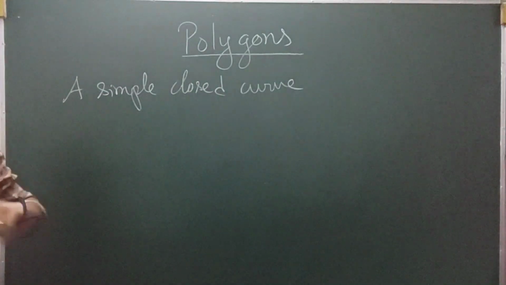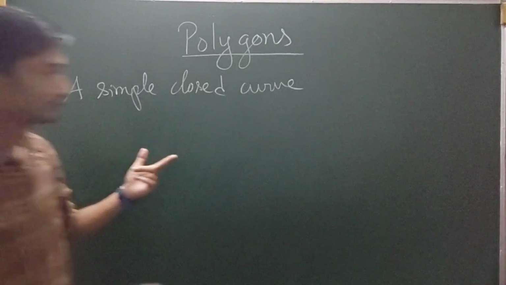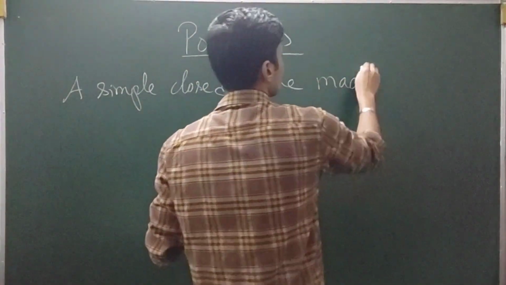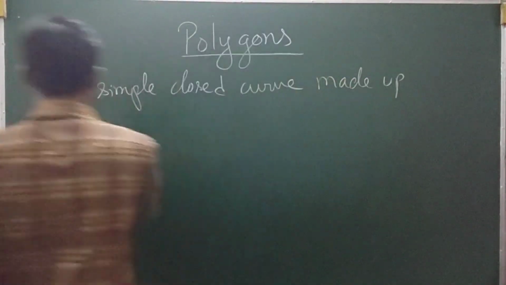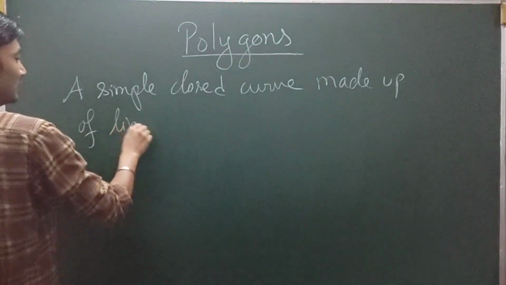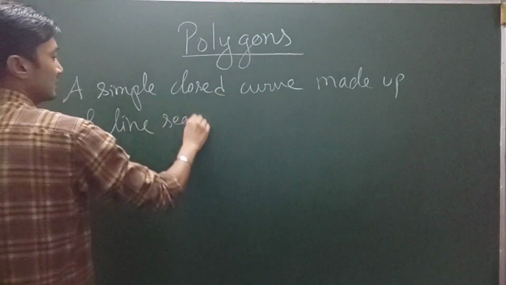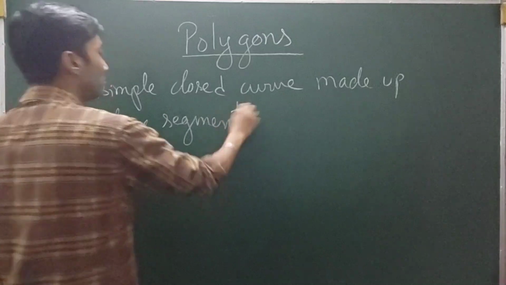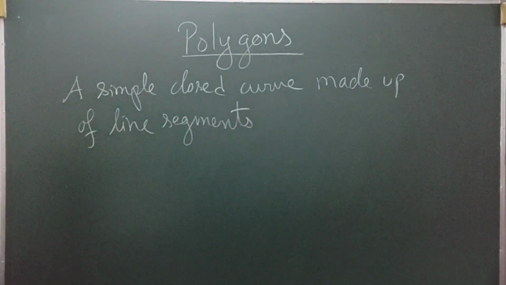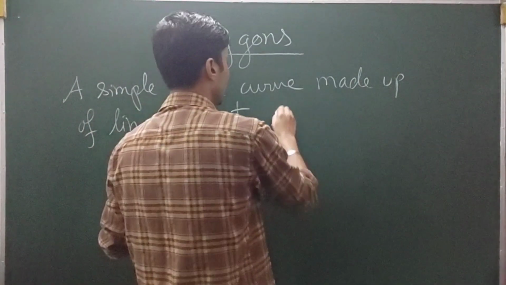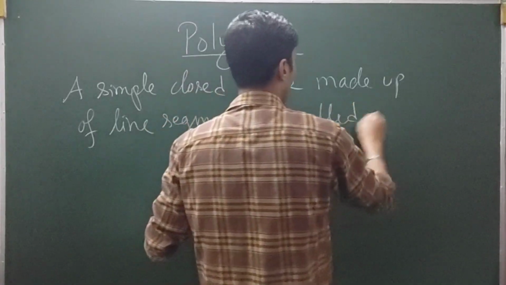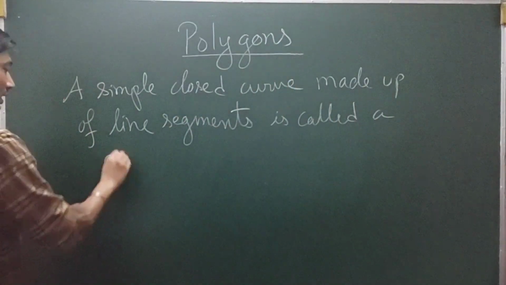A simple closed curve made up of line segments is called a polygon.